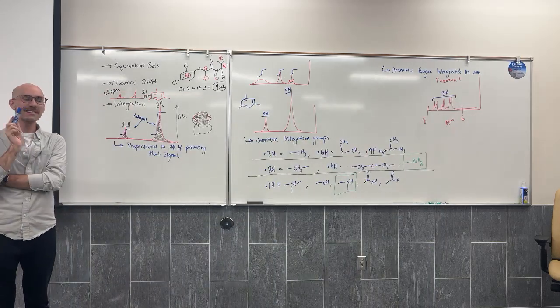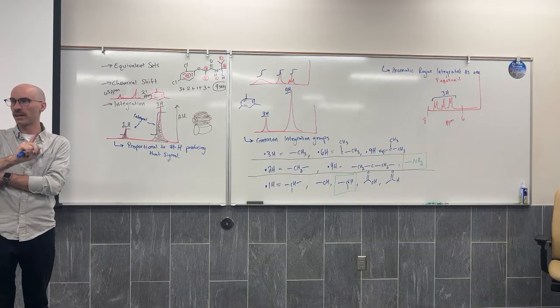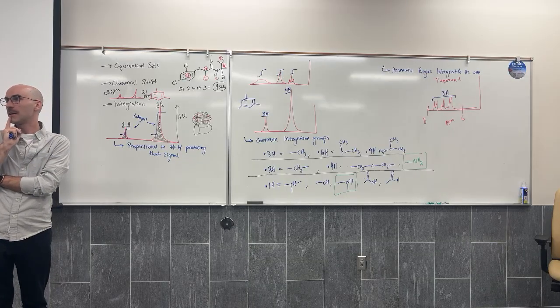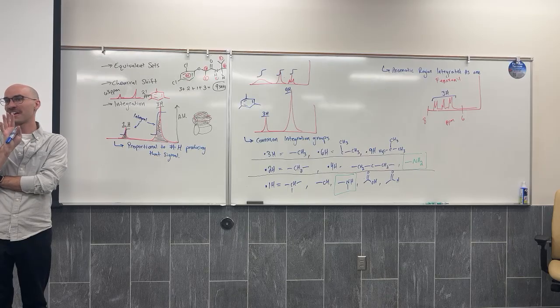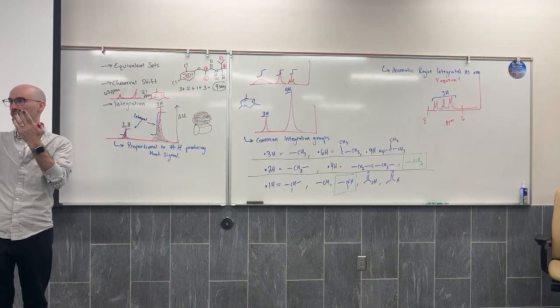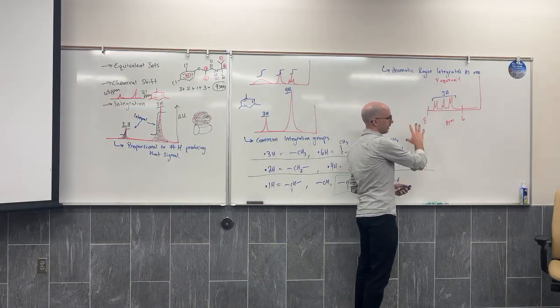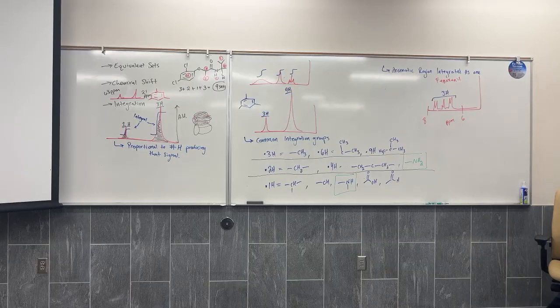And the crazy thing is, maybe each of those signals is 1H, 1H, 1H. But sometimes the signals can be so complicated that they overlap with each other. So you could actually find something that's just weird. It can be weird.